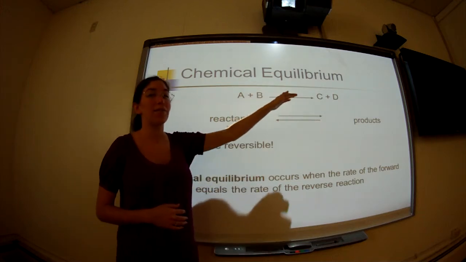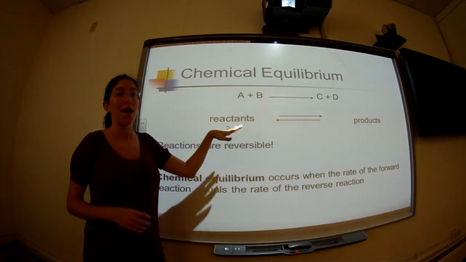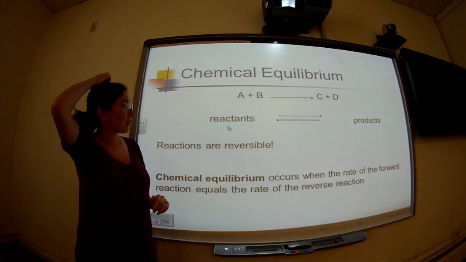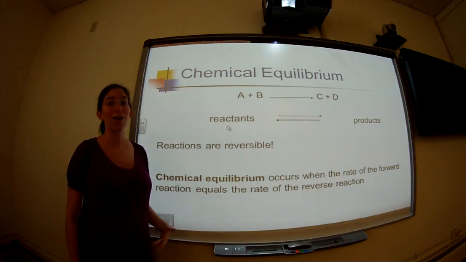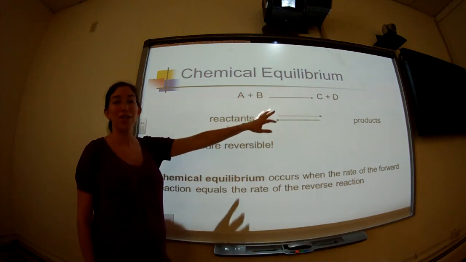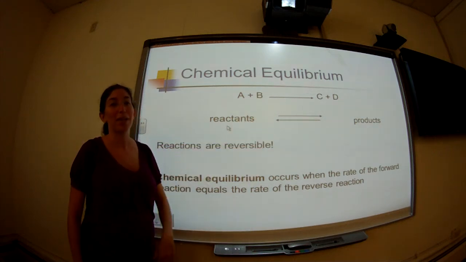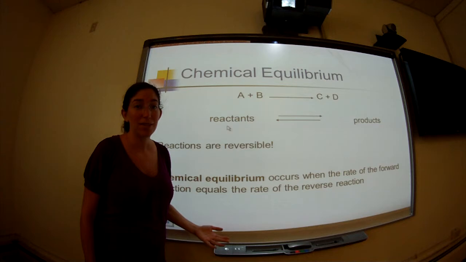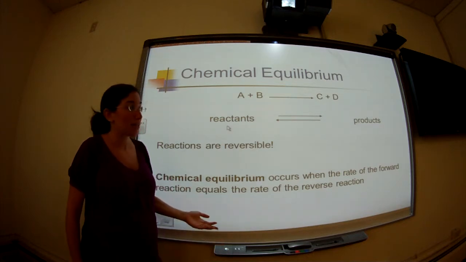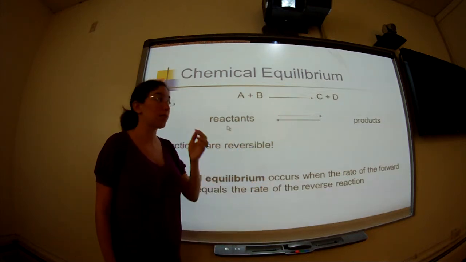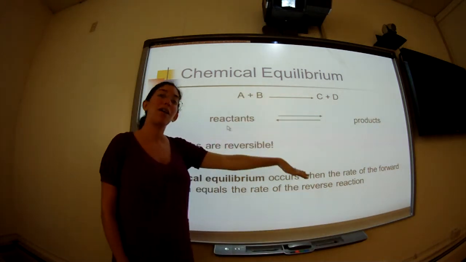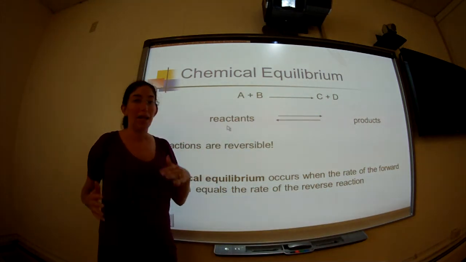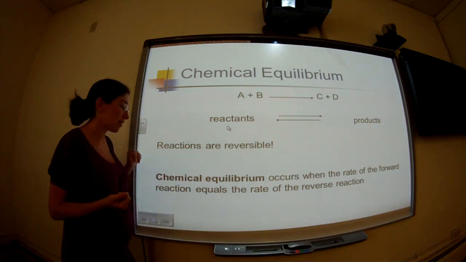It's just that the rate of this reaction is the same as the rate of the reverse reaction. Most reactions in chemistry are reversible, they do achieve some equilibrium. Again, most acids and bases in chemistry are weak acids and bases and they are reversible, meaning that they can go forward to become products, but the products can also back react to become the reactants again.